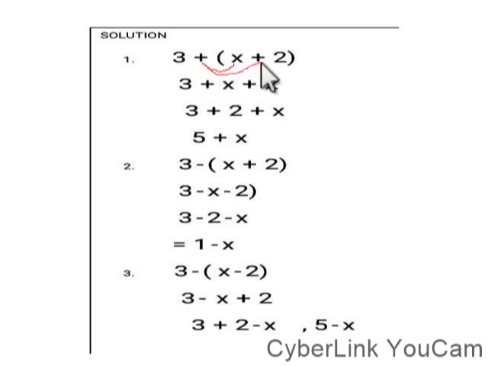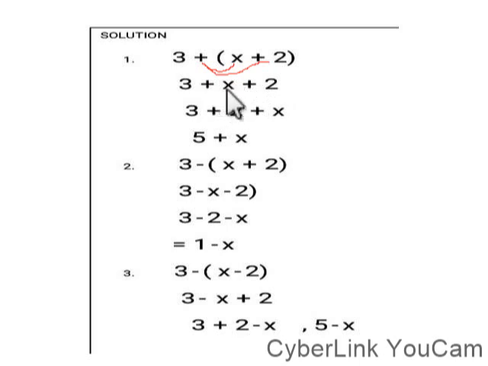We bring down our 3. Then plus times x will give us what? Plus x. Plus times plus 2. Remember, plus times plus is plus. So plus times plus 2 will give us plus 2.